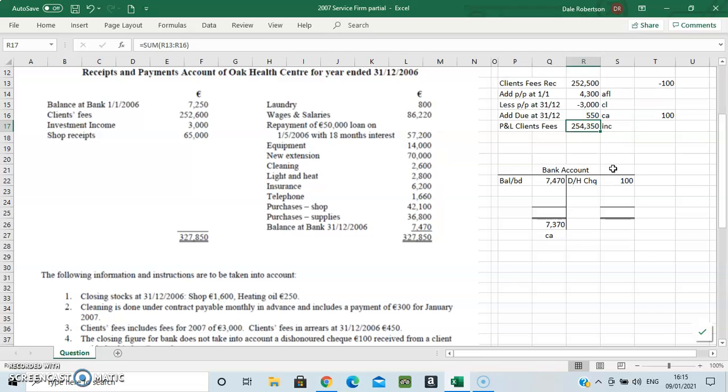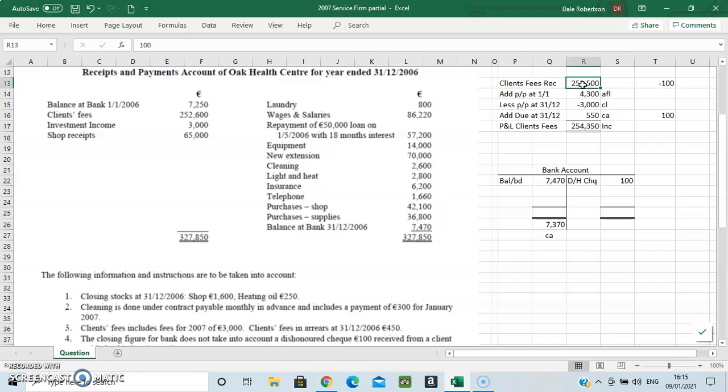Now, in the bank account, there is also a situation where we've lodged €100 in here, which has been bounced. We need to take that out. So you also need to put your dishonored check on the credit side of the bank account, and you're taking that 7,470 and taking off 100. You actually only have 7,370 in the bank.